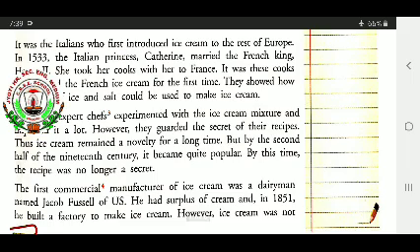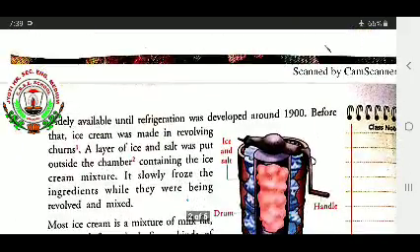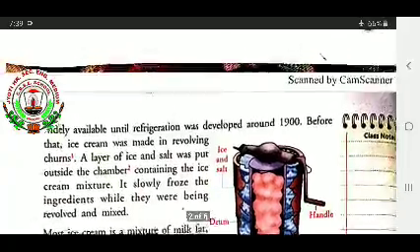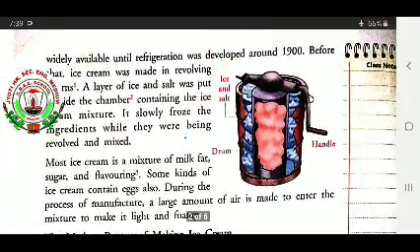We also learnt about commercial trading and about the olden ways of making ice cream. I showed you this picture also, the revolving churns. Today we will proceed with the next part of the chapter in which we will learn about the detailed description of making ice cream. Let's start.